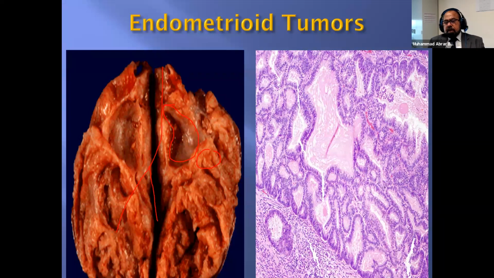And if you do the sections, you can see a glandular structure, and each gland looks like the endometrium, right? And they have similar features of endometrioid carcinoma. And this is a basement membrane, and you can see that one of the glandular structures is invading into the stroma. So it's an endometrioid carcinoma.